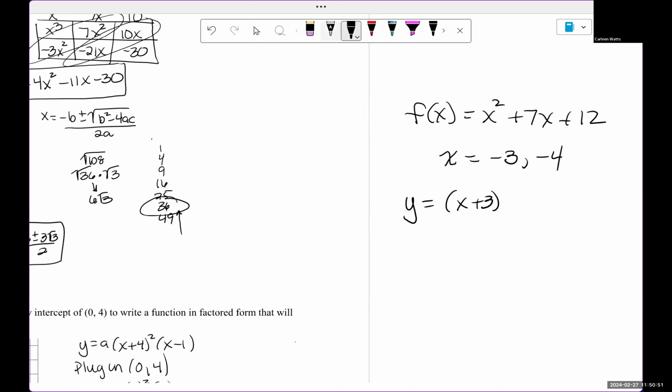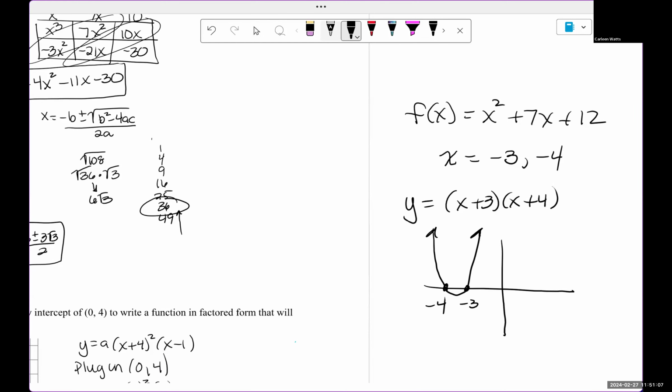These are the factors. Okay, these are the x-intercepts. So that means there's an x-intercept at negative 3, an x-intercept at negative 4.